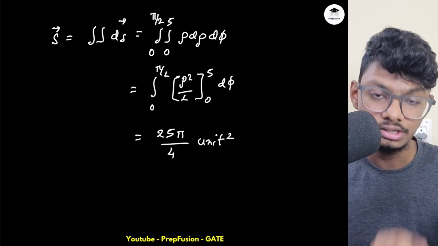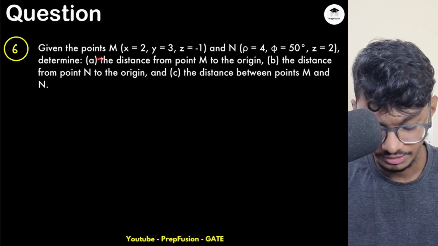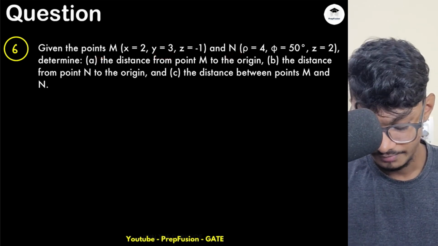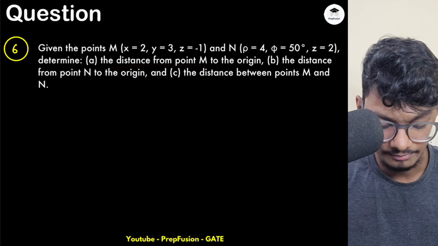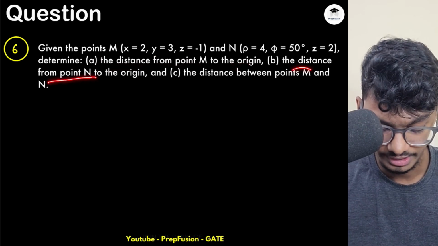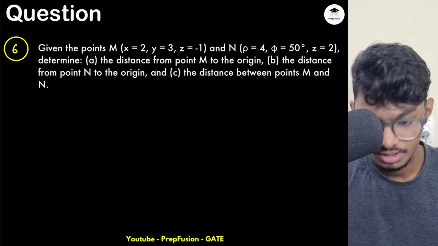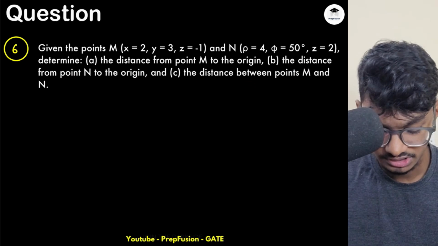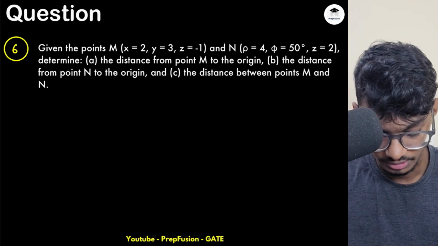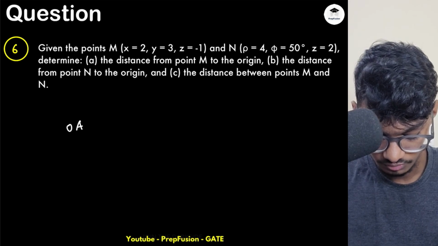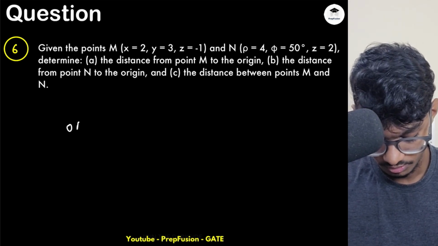This will be helpful in electrostatics. Given 2 points, M and N, determine the distance from the point M to the origin, the distance from N to the origin, and the distance between points M and N. So what is the distance from the origin? It will be the magnitude of OM.